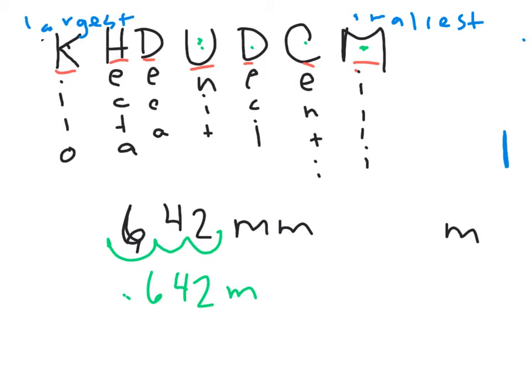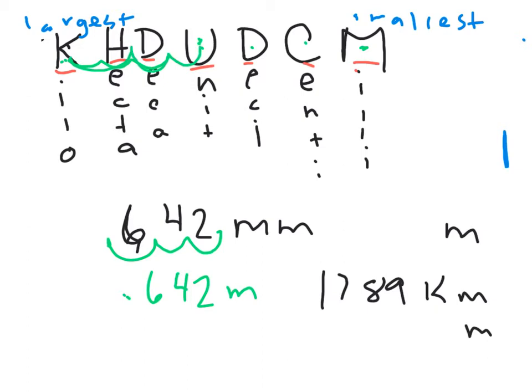So if I have 1,789 kilometers, and I want to go to meters. Okay, again, my kilometers are here, and I want to move it to meters, so I'm going to move it 1, 2, 3 spots.